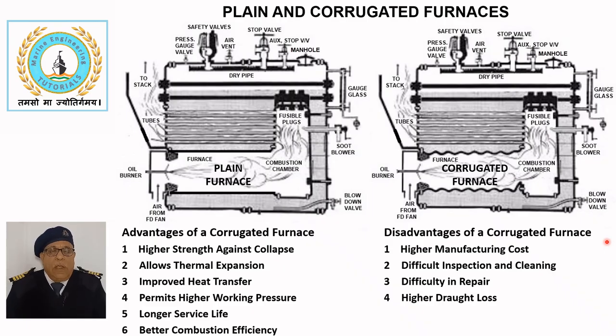Corrugations create additional resistance to flow of gases, resulting in higher draft losses. Not suitable for very high pressure. Although corrugated furnaces allow higher working pressure compared to plain furnaces, they cannot match the pressure capabilities of water tube boilers.